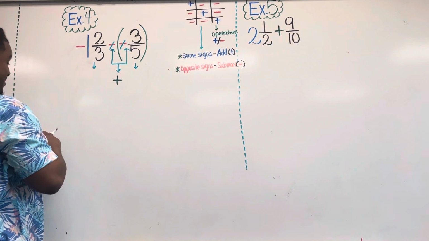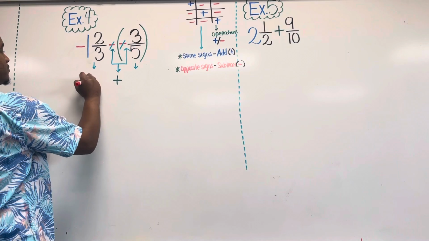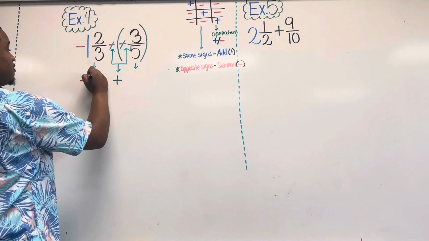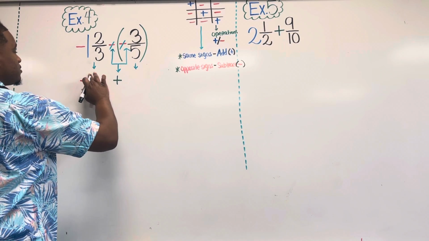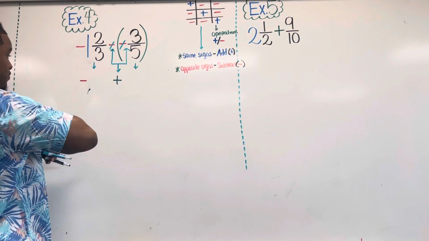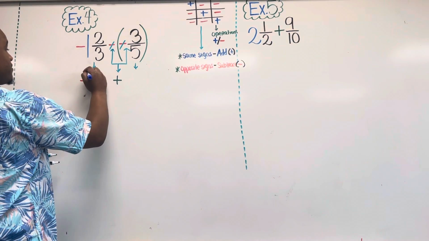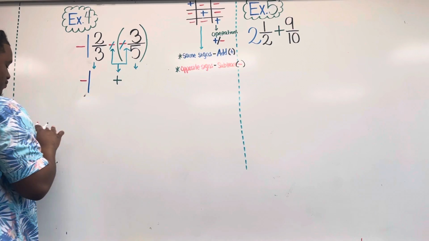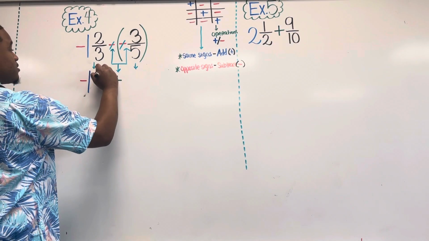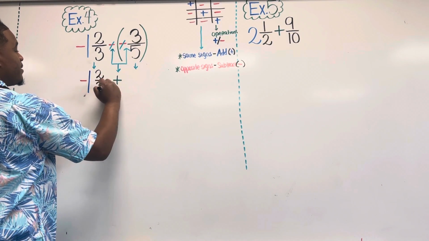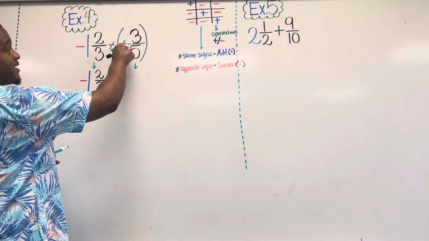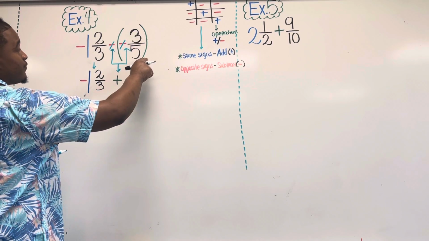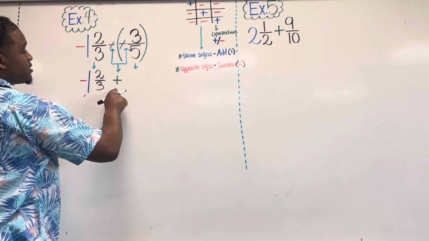So I still have a negative 1 2/3. I just want to use the same colors to keep everybody together. And remember, guys, I no longer have that negative sign that was associated with 3/5 because it canceled out into this positive sign.